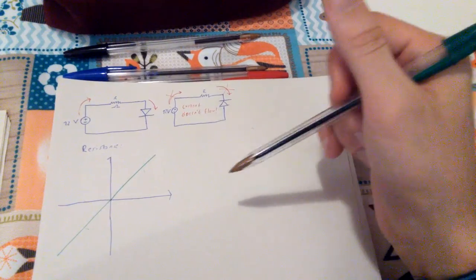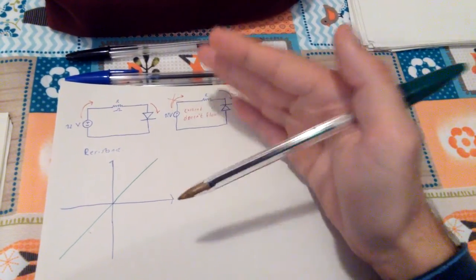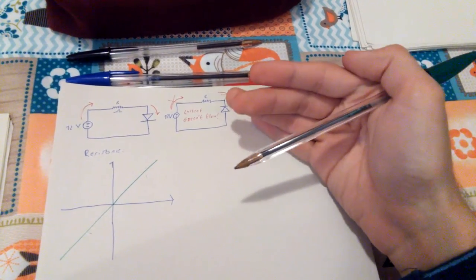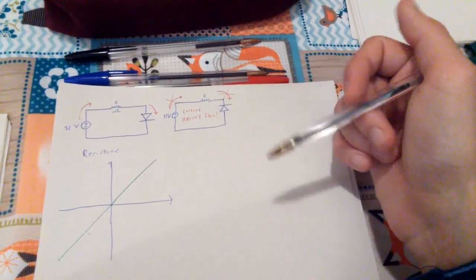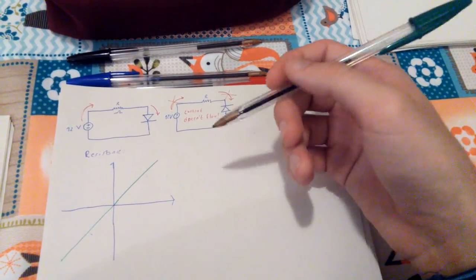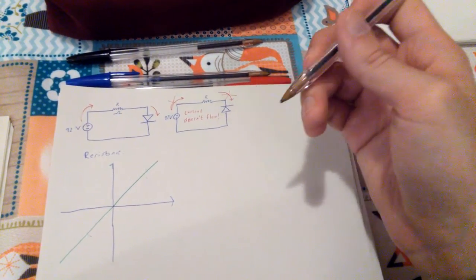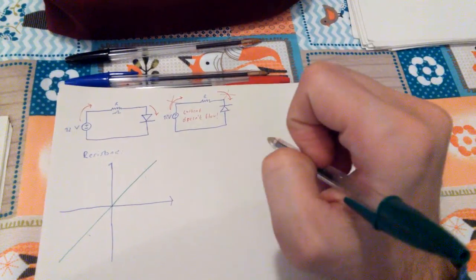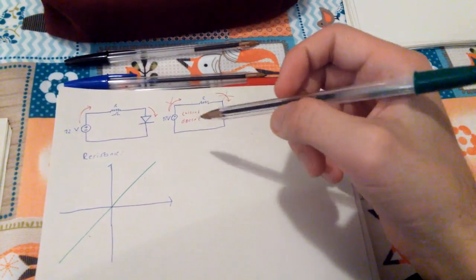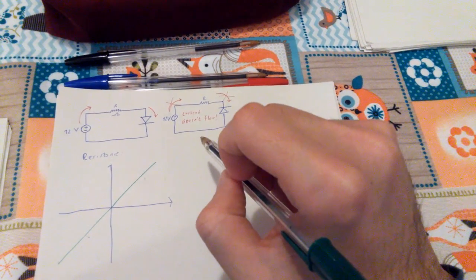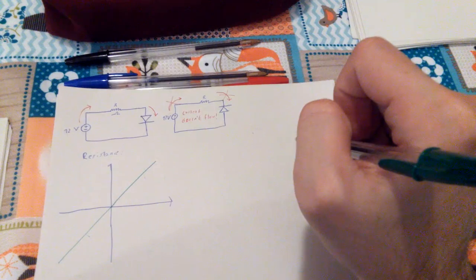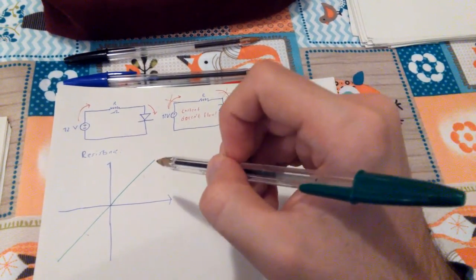I'm not going to be talking about AC now, I'm going to have a full section dedicated to AC, a full video, but just to have something to wrap your mind around: in AC, let's say at 50 hertz or 60 hertz, you have the current alternating, going in one direction and back to the other direction, over and over.